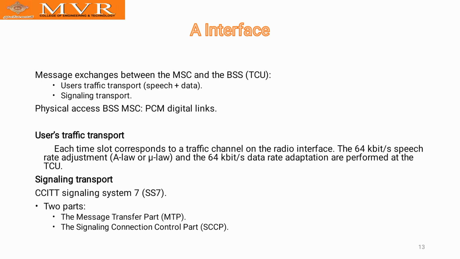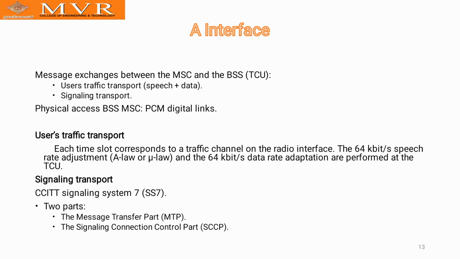In user traffic transport, each time slot corresponds to a traffic channel on the radio interface. The 64 kbit/s speech rate adaptation, A-law or mu-law, and the 64 kbit/s data rate adaptation are performed at the transcoder unit.